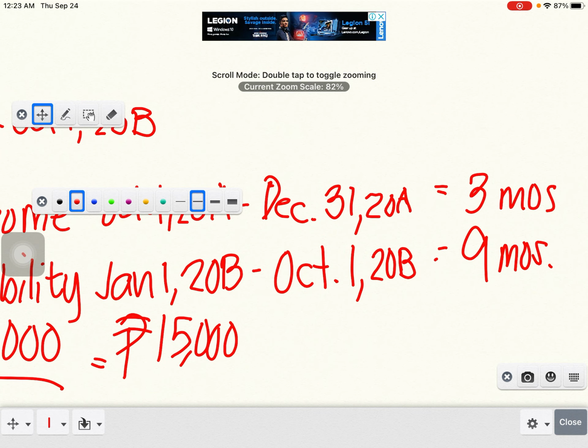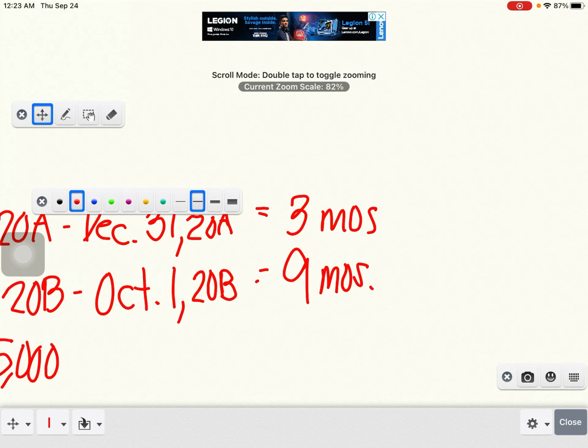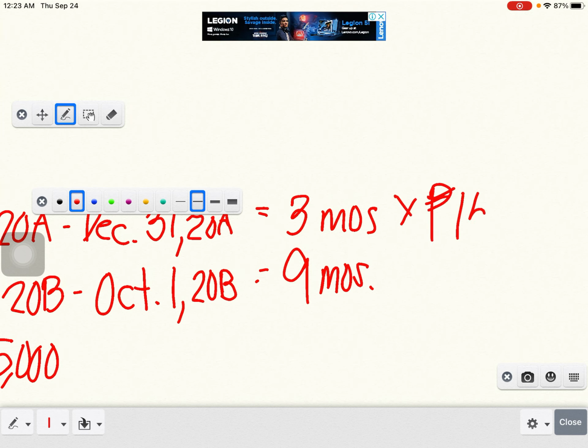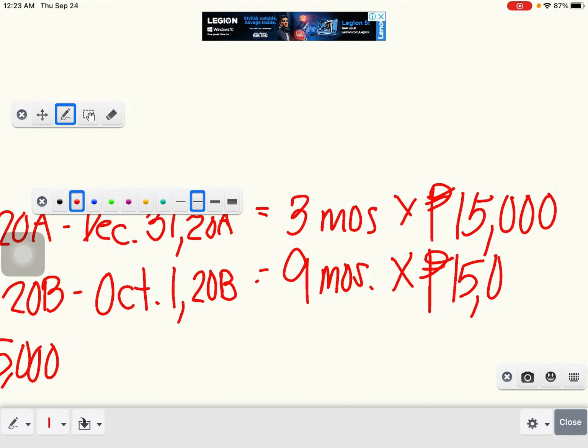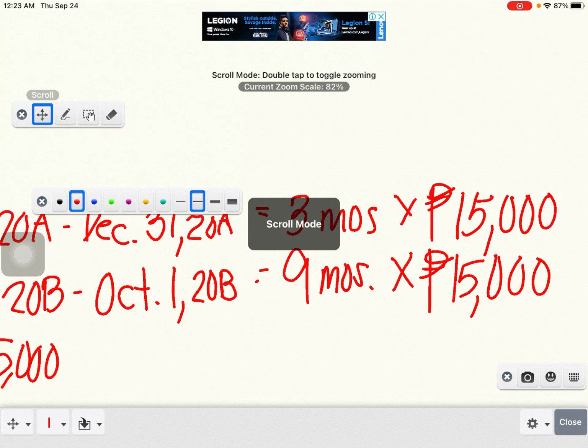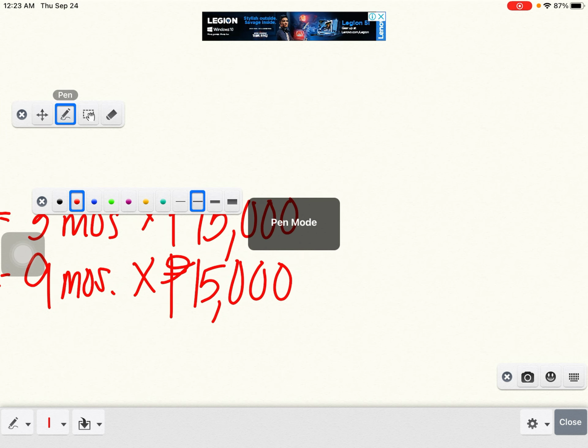So if you want to get the income, okay, we will split it. So 3 months times 15,000, and 9 months times 15,000. So 3 times 15, is it 45?